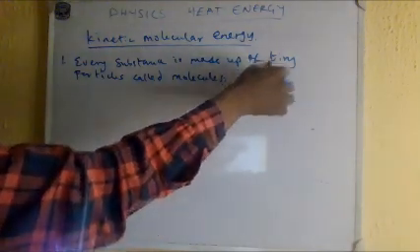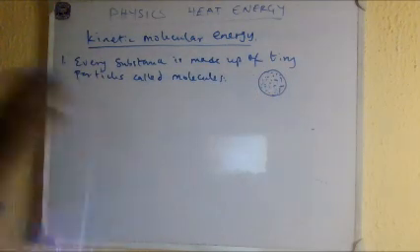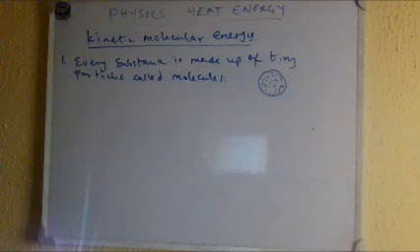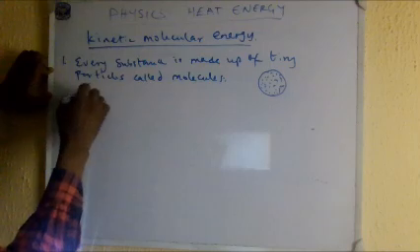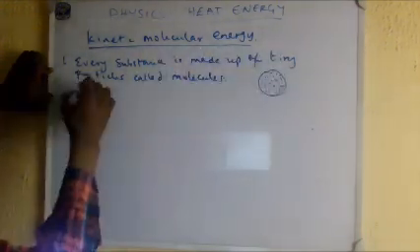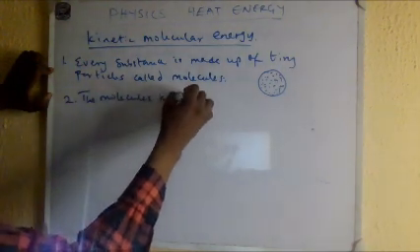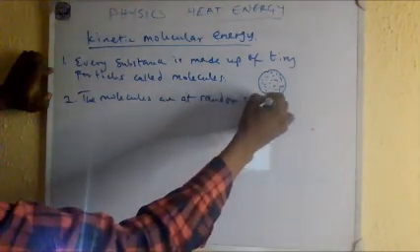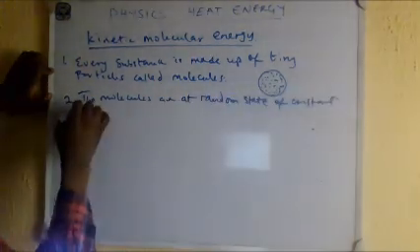And this is responsible for the shape of that particular matter. So that is the first assumption. Second is that the molecules are in a constant state of random motion. These molecules inside here are in constant random motion.